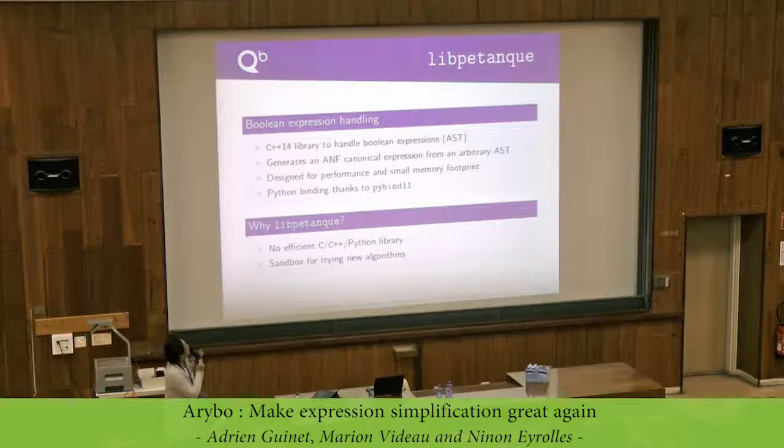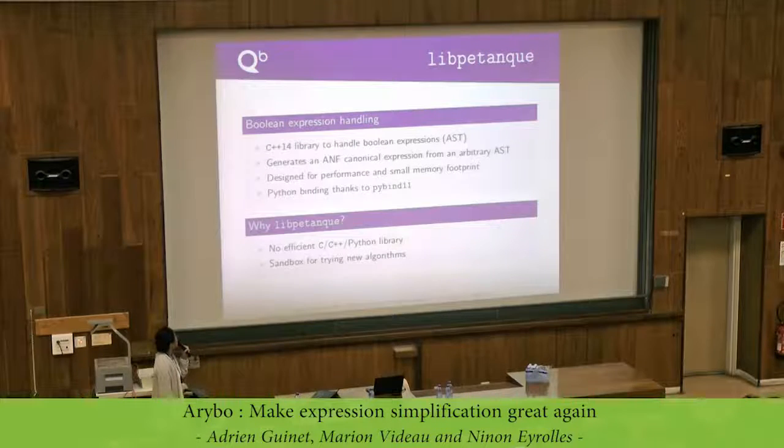Okay, so in libpetanque, what do we do? It's a C++ library to handle Boolean expressions with their abstract syntax tree. It generates an algebraic normal form canonical expression from any arbitrary AST, and it's designed for performance and small memory footprint. And there are Python bindings thanks to PyBind11, and the binding is called petanque, of course.